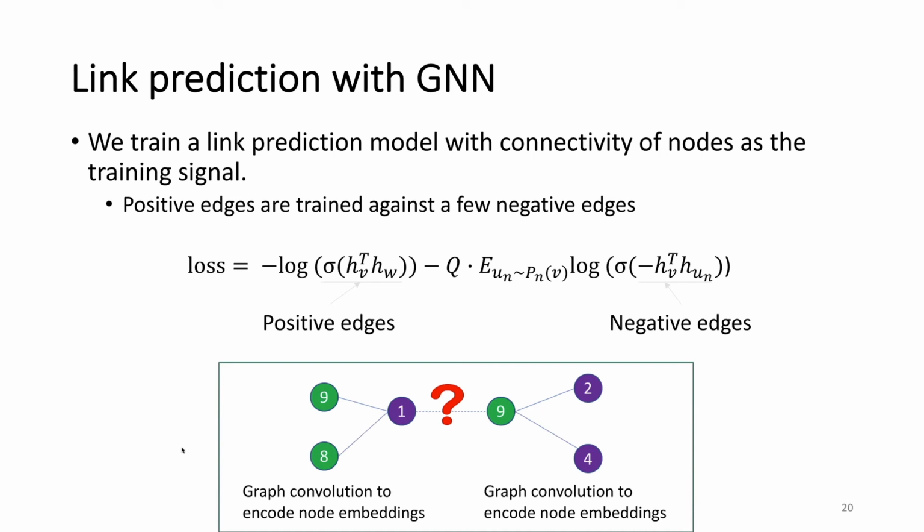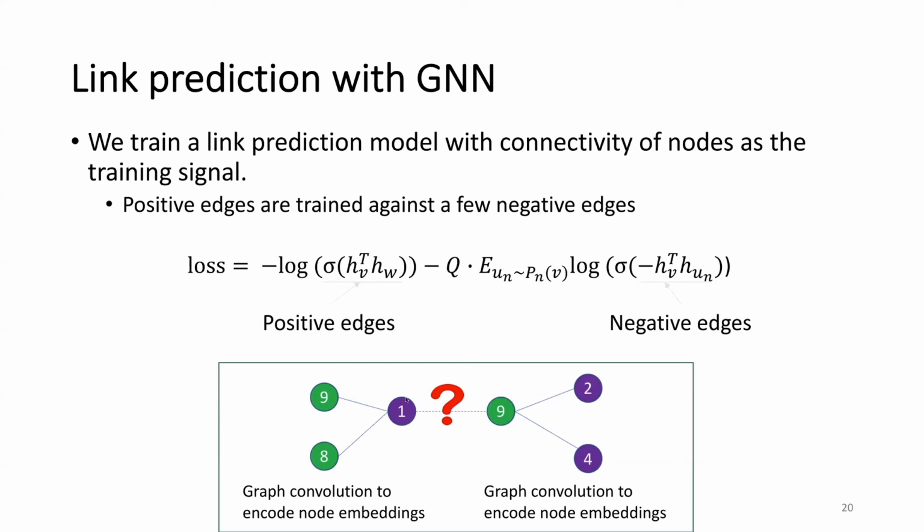Now let's make that a little bit more concrete. My goal is to score the presence of an edge between 1 and 9. So I use a GNN to compute a representation of node 1, and I get the GNN to compute a representation of node 9.